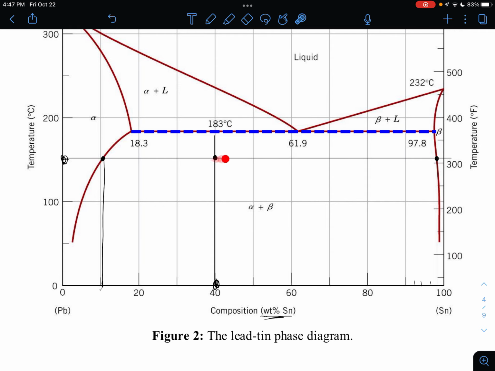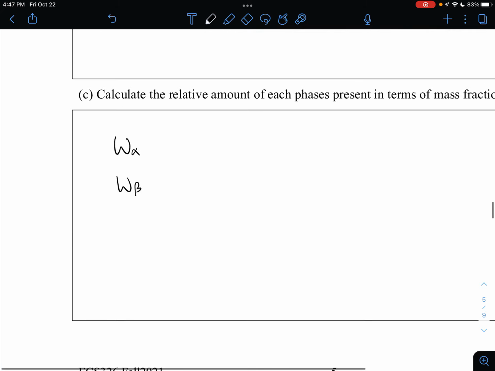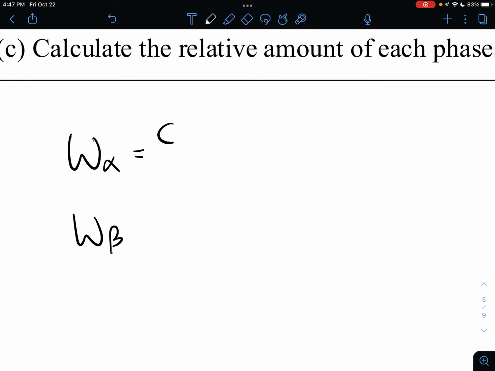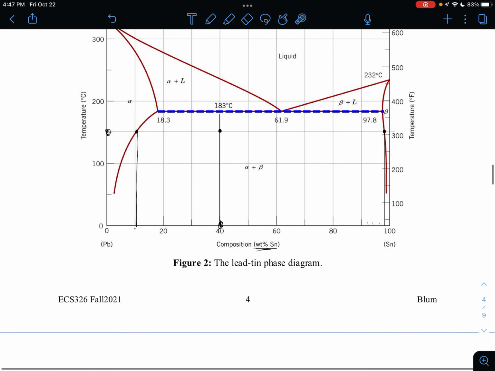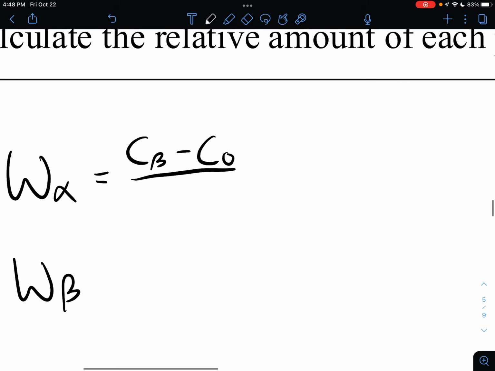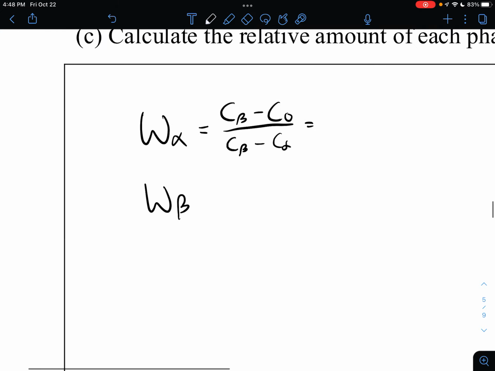So this side is going to be our composition of beta minus our composition of the actual thing, so that's our C beta minus our C0, divided by our total, which is the entire length of this line, C beta minus C alpha. And you can solve that out with all the numbers.